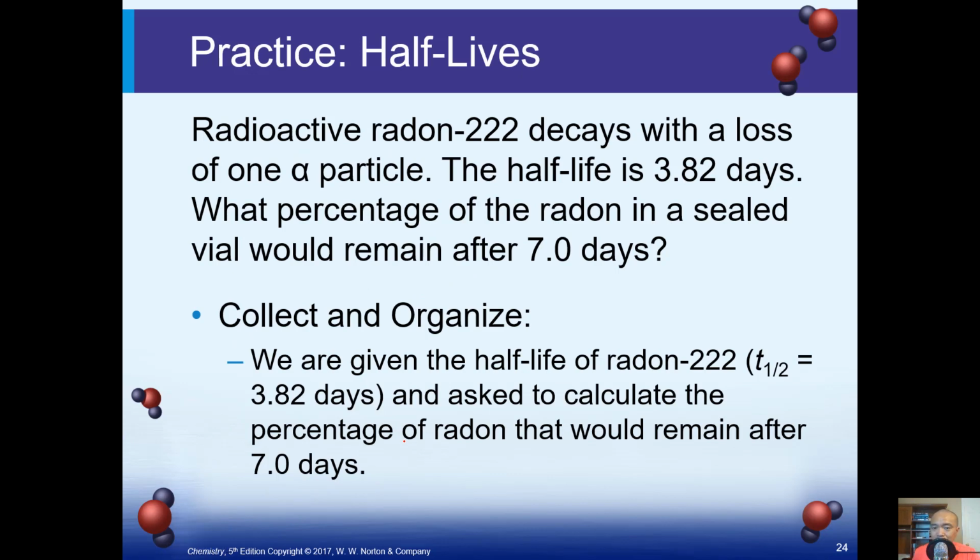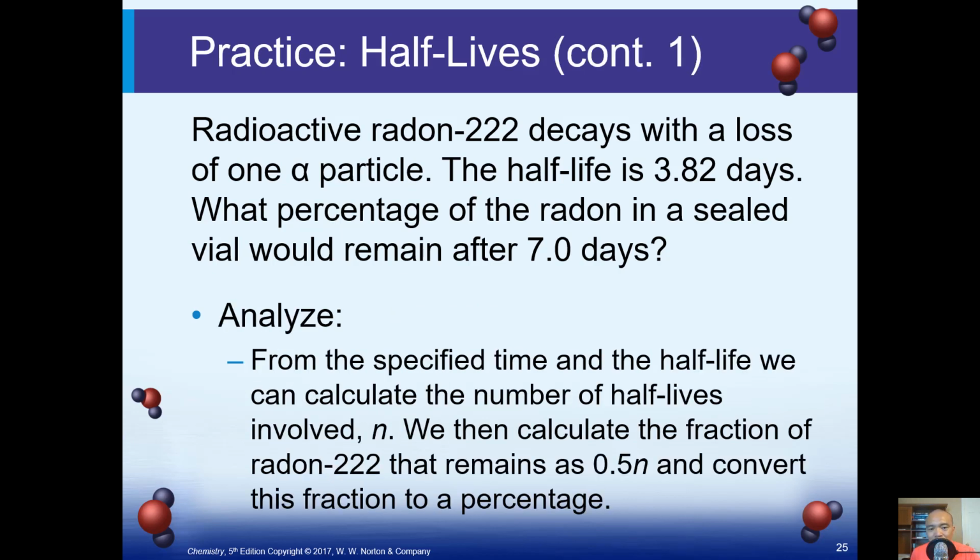Radioactive radon-222 decays with the loss of one alpha particle. The half-life is 3.82 days. What percentage of the radon in a sealed vial would remain after 7 days? So in this case, we are given the half-life of radon, t half, is 3.82 days, and asked to calculate the percentage of the radon that would remain after 7 days.